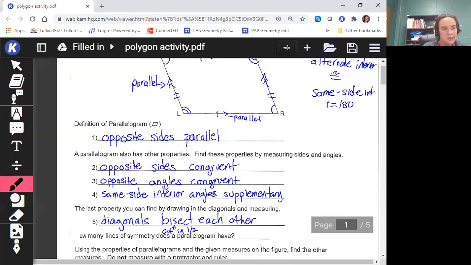So they are literally cutting each other into two congruent parts. There are no lines of symmetry in a parallelogram because when you fold them, it doesn't line up 100%.